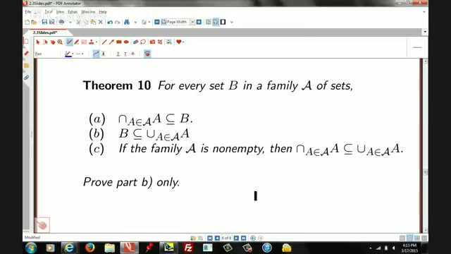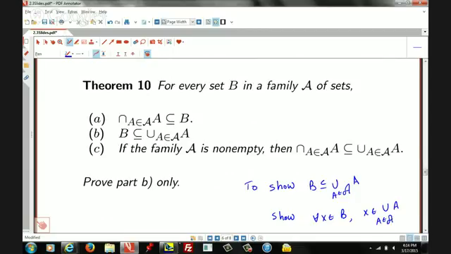How do you show set containment? How do you show that one set is a subset of another set? For all X in B, X has to be in the union A. So that's going to be our goal.